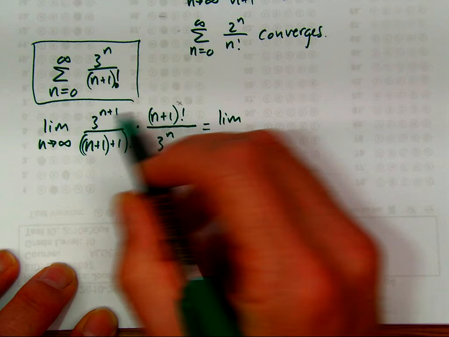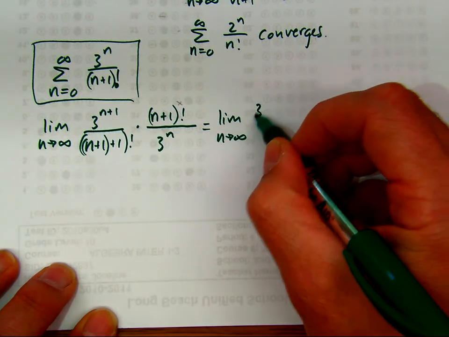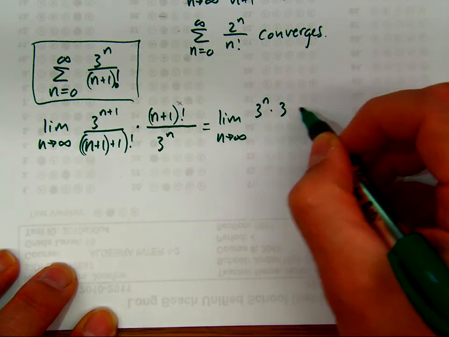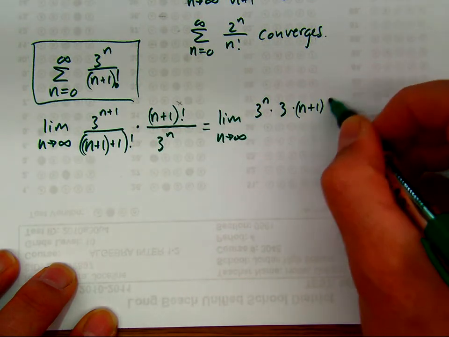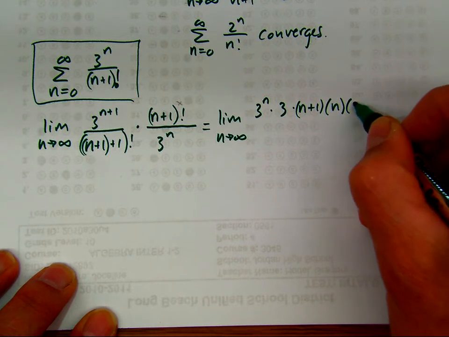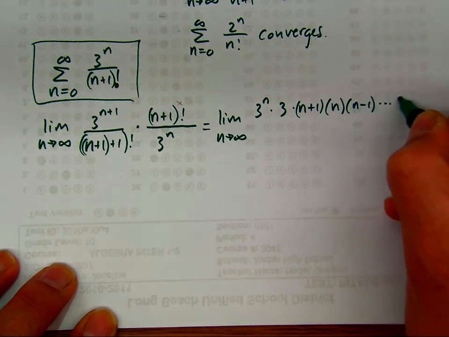And let's break up that exponential, 3 to the n times 3. And we'll write out that factorial, n plus 1 times the next number down, times the next number down, all the way down to 2 and 1.